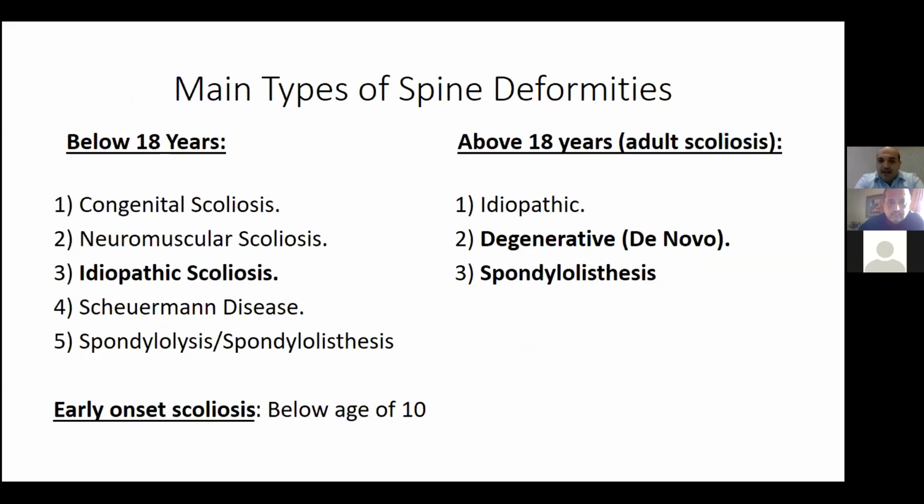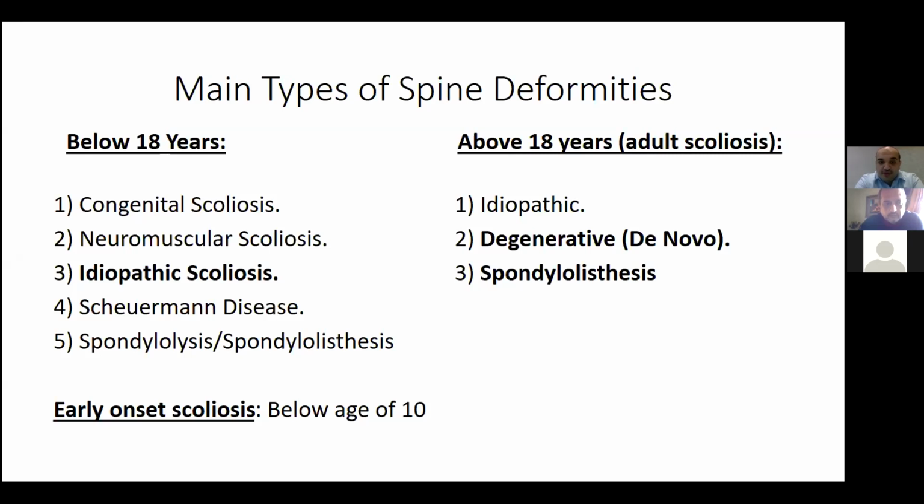Now, there are many types of spine deformities. I found it best to classify them according to the age of presentation. If we look at this table, we can divide the patients into below 18 years and above 18 years. And we have the early onset, which is below the age of 10. Usually below 18 years, the deformities are congenital scoliosis, neuromuscular scoliosis, idiopathic scoliosis, which is the most common type in this age group, Scheuermann's kyphosis, and spondylolisthesis in kids.